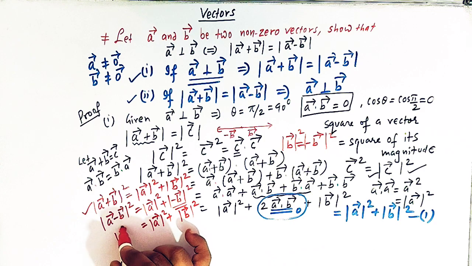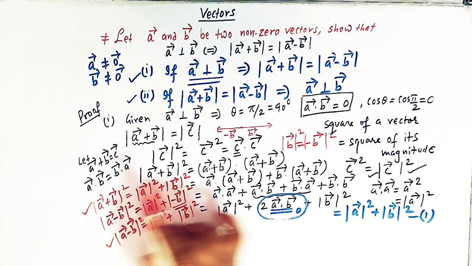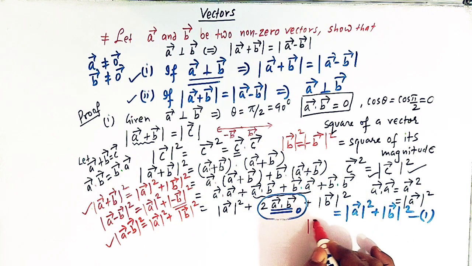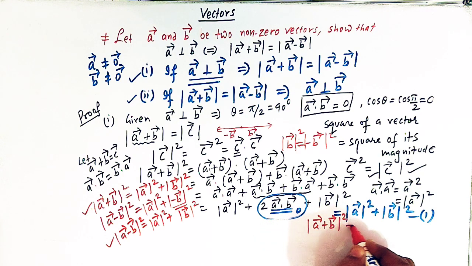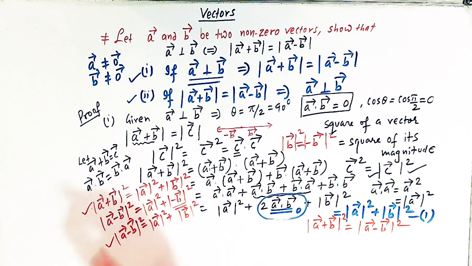So now we can see that from these two relations, the square of the magnitude of a plus b is equal to the square of the magnitude of a minus b, because both these quantities are equal to the same expression, that is mod a square plus mod b square.